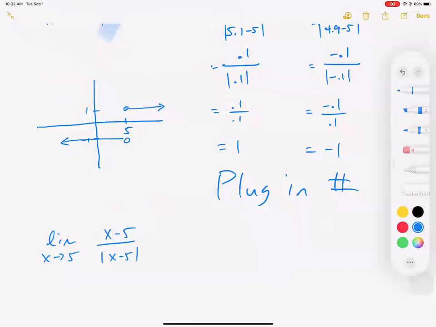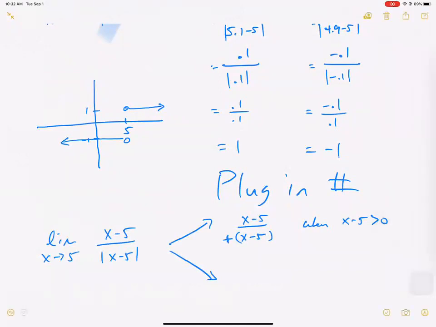So here is what we do. We separate this into 2 problems. We say x minus 5 over x minus 5. That's going to be positive when x minus 5 is greater than 0. So I'm writing it out right now. This is what's going on in my brain.